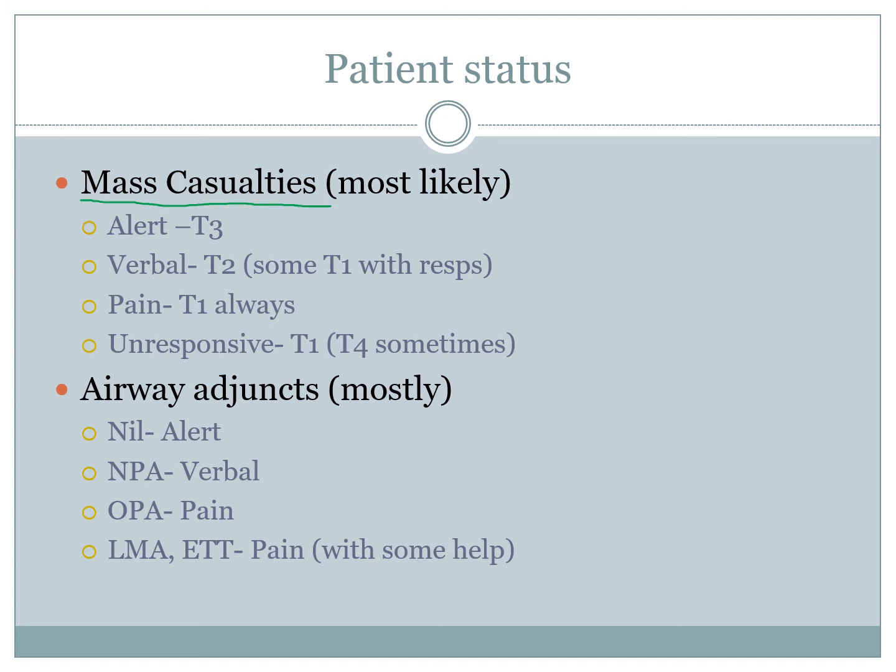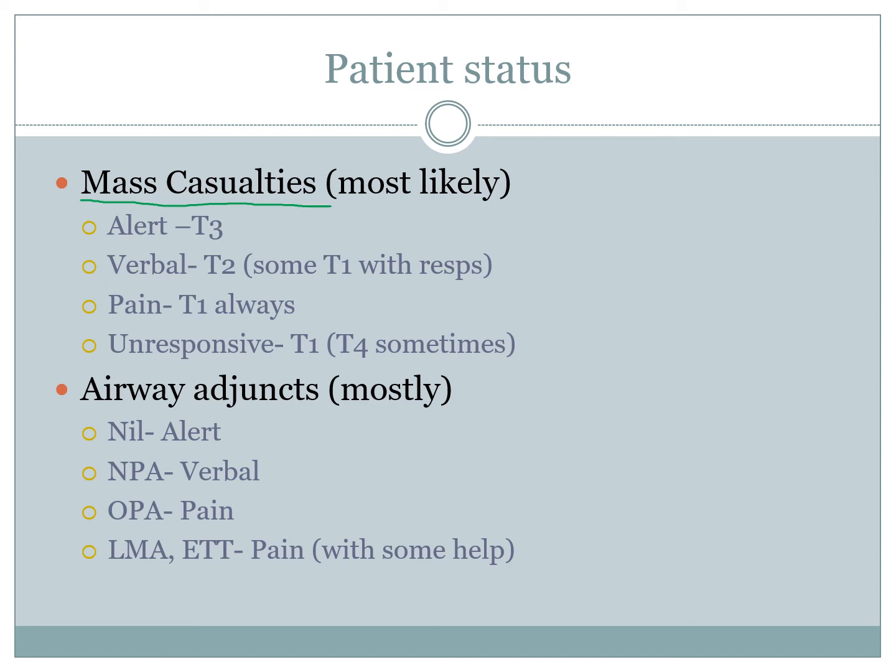Now, part of our sort method obviously correlates perfectly to GCS, but it's difficult because it's an extra number system on top of the GCS system, which makes it difficult to actually give people the numbers. So when you're initially on the scene, you can use AVPU to pretty much categorize your patients.